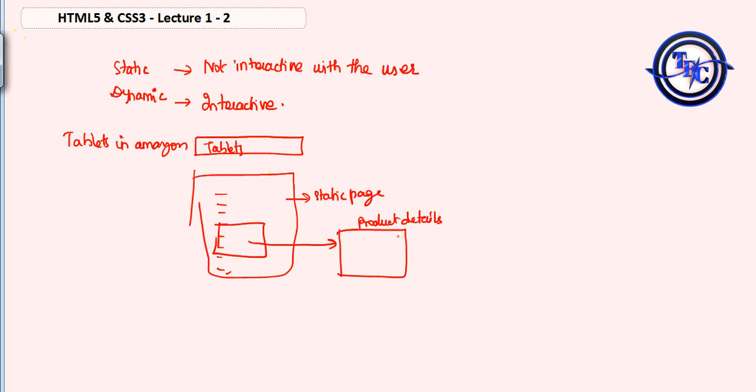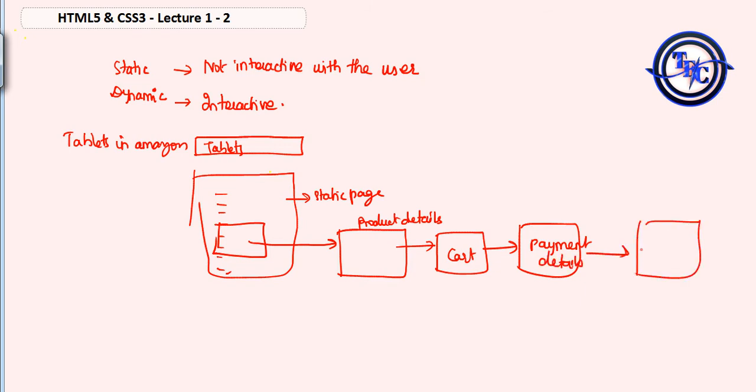Next, if he needs this tablet, he can go for purchasing it. So he can add this to the cart, then he can give the payment details, so that this product will be delivered.